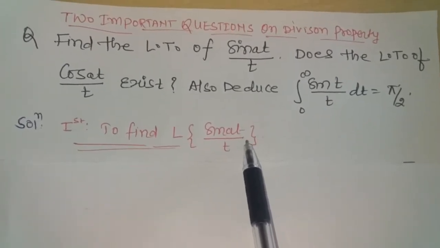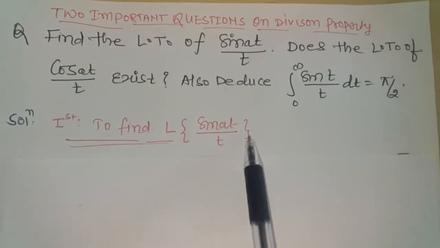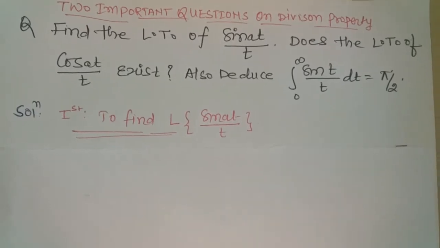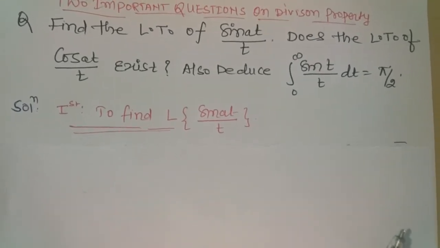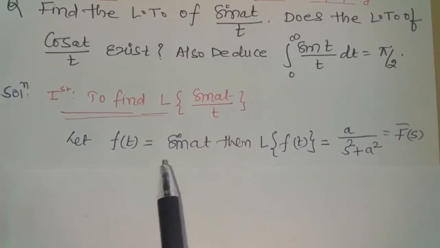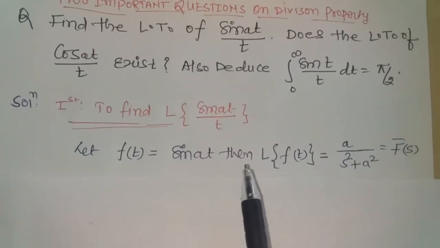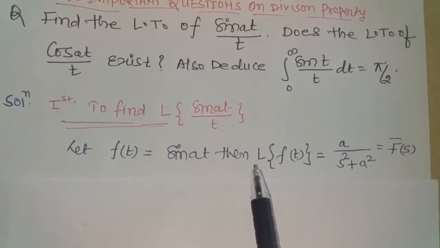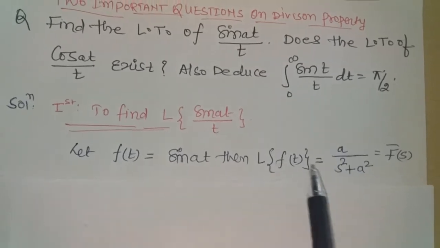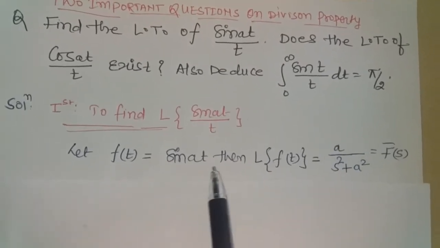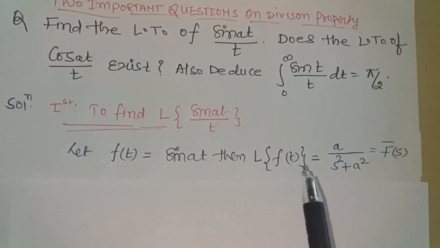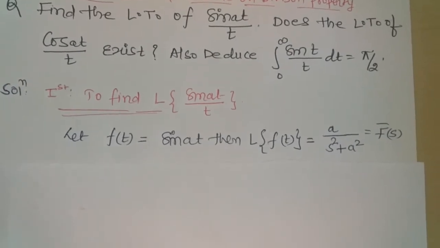Let f(t) be sin at, then its Laplace transform is a upon s square plus a square, which is the formula of the Laplace transform of sin at, and we denote it by f bar s.